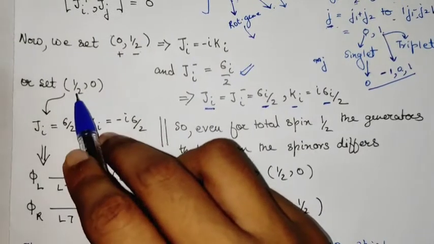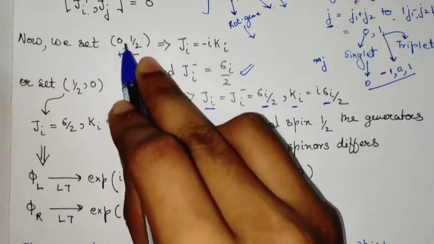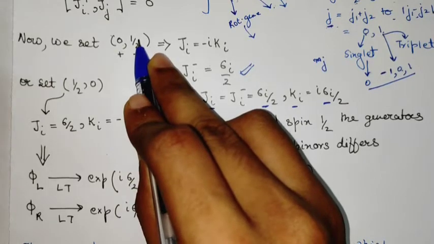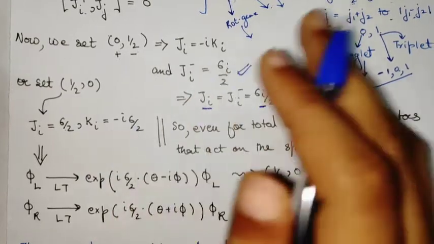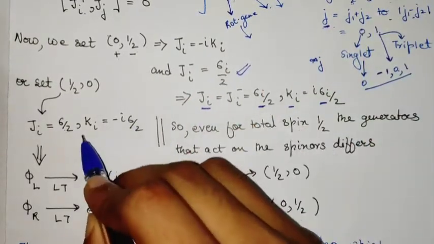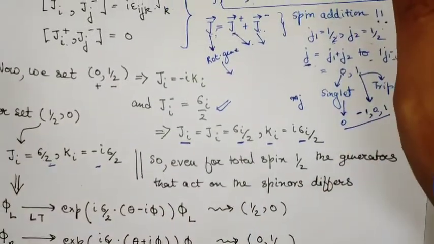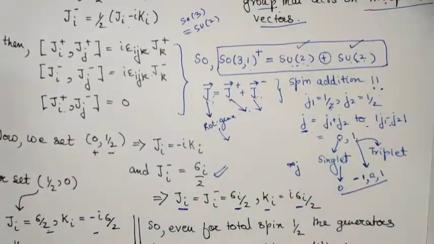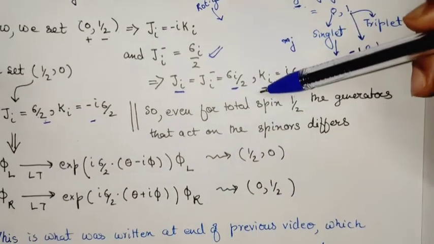Further, you can also try to put the other one as half and this plus one as 0. But once you do that, you will see that this is a different representation. So the point is, based on which of the spin components is put to 0, the representations are actually not the same.